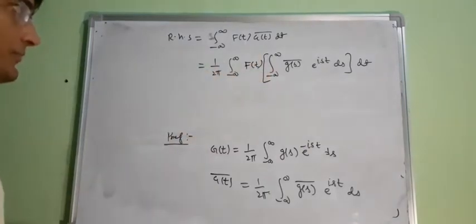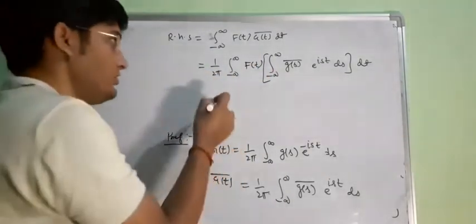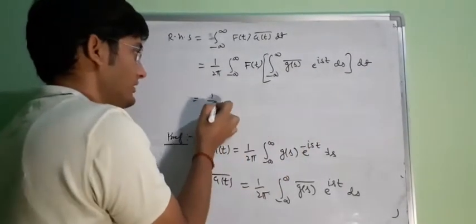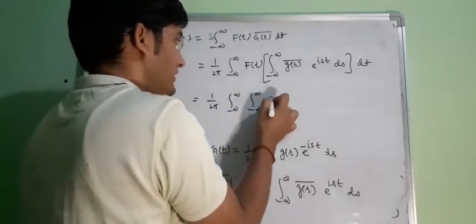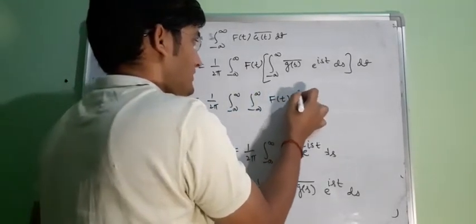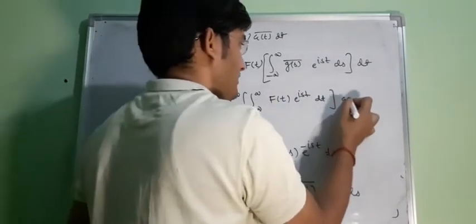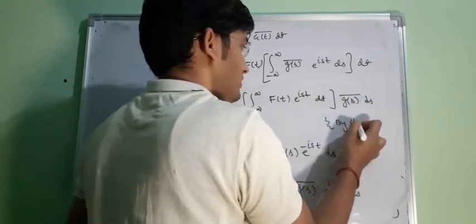Now again let us change the order of integration. On changing the order of integration, let us take this t inside. We will get the integral from minus infinity to infinity of the integral of f(t) e to the power ist dt, and at the outside we will have g(s) bar ds by change of order.